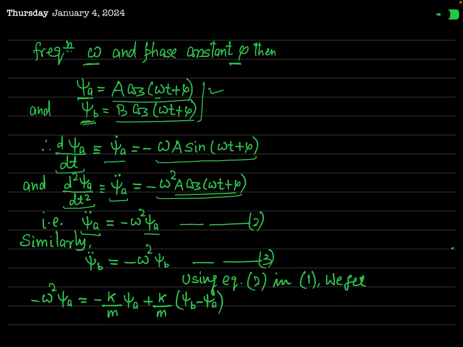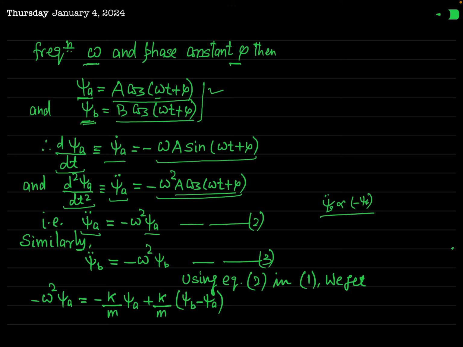This is just the equation of motion of simple harmonic motion, because ψA double dot, the acceleration of A, is proportional to minus ψA, which shows that the motion of A is simple harmonic.